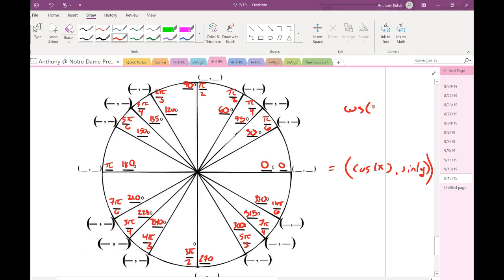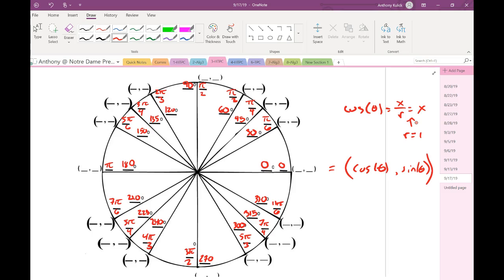Remember that cosine theta was x over r, but if r is 1, cosine theta is just going to be x. Similarly, sine theta is just going to be y. Is everybody okay with that reasoning?